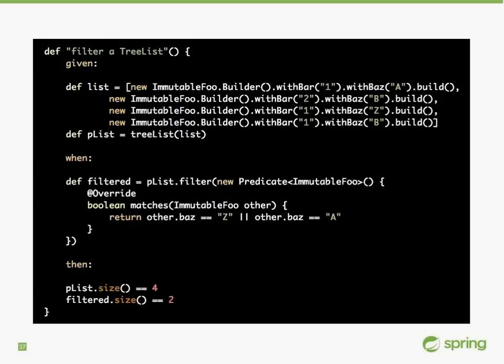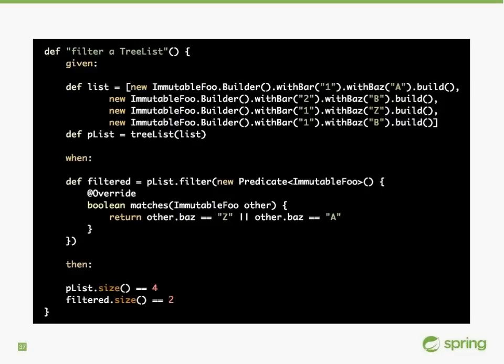And that predicate is going to tell filter, here are the things that I want to pass the filter. Everything else should disappear. And so we implement here that predicate as an anonymous inner class, type it as an immutable foo, which gives us a matches method that takes an immutable foo, and we're going to return from that other.baz is equal to Z or other.baz is equal to A. So if in either case that's true, it's going to remain in the list. Otherwise, it will be filtered out.